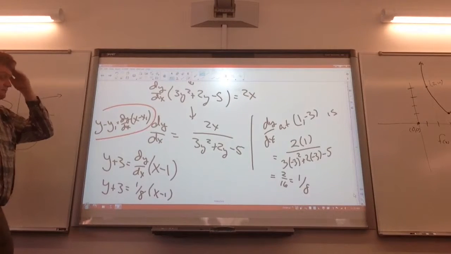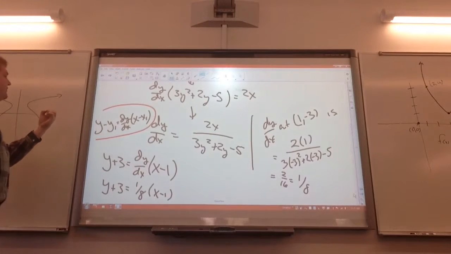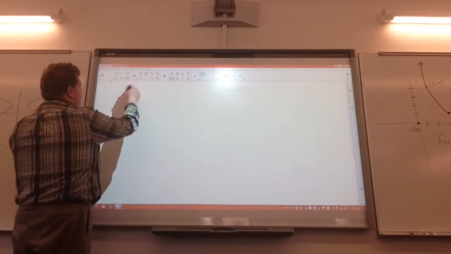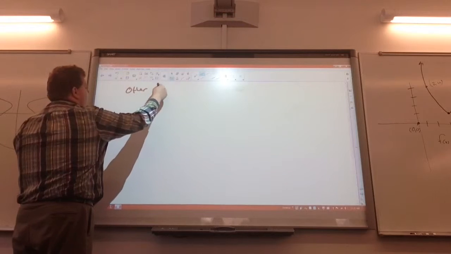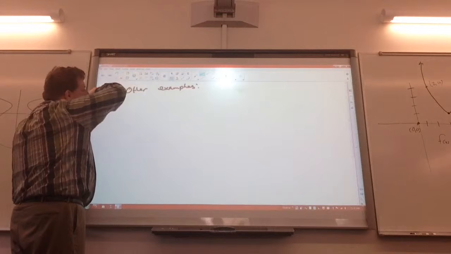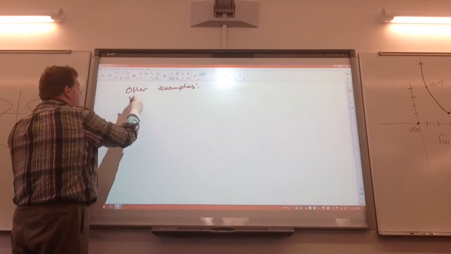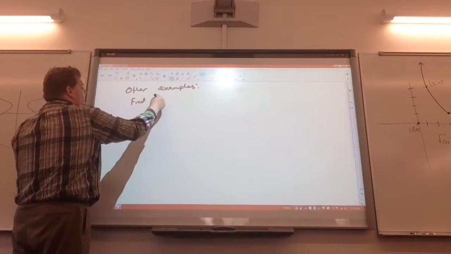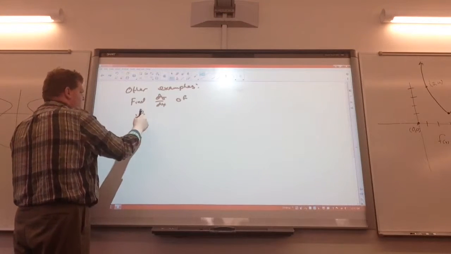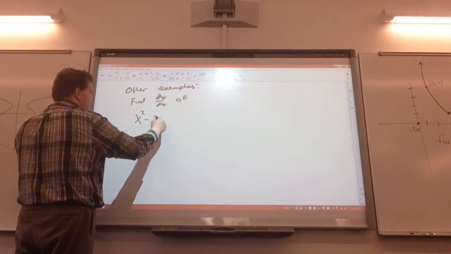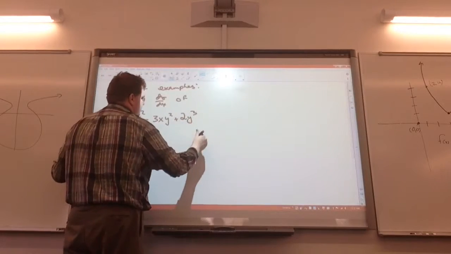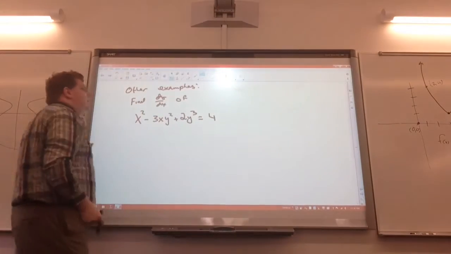All right, let's look at another two examples of this, where things get a little bit trickier. Find dy by dx of x squared minus 3xy squared plus 2y cubed equals 4.